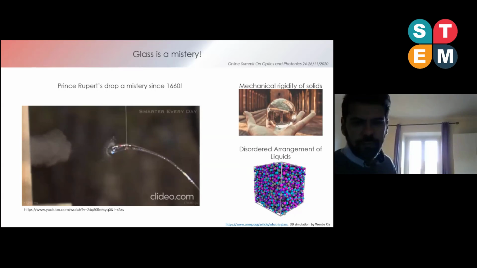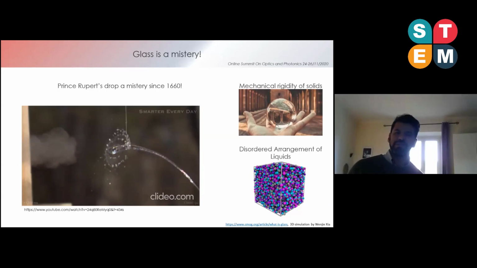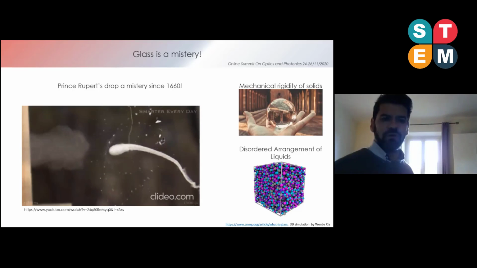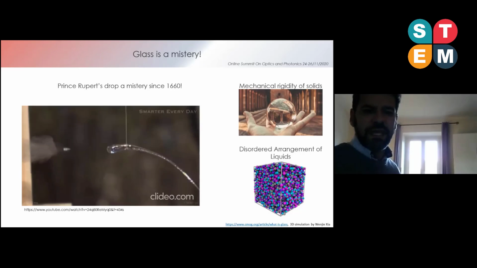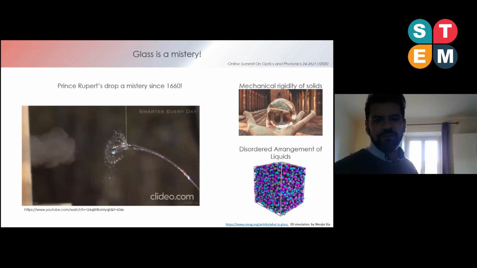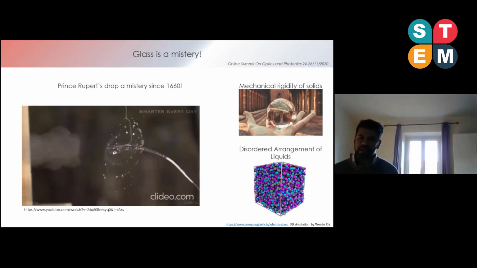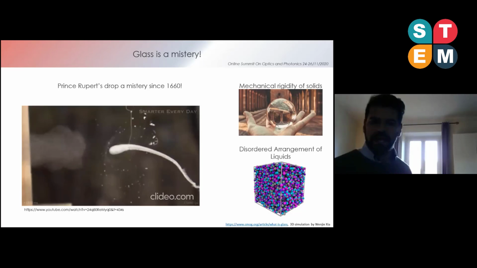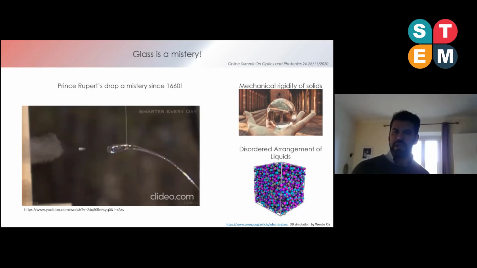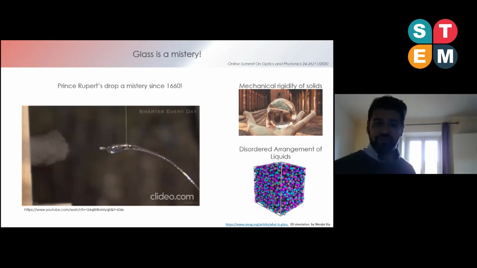You have this drop-like piece of glass, and you see that the head of the glass is incredibly strong in this slow-mo video, and it can actually destroy a bullet. On the other hand, when the shock wave arrives at the tail of the glass, this breaks the glass, because the fragility is completely different, and it completely destroys the drop.